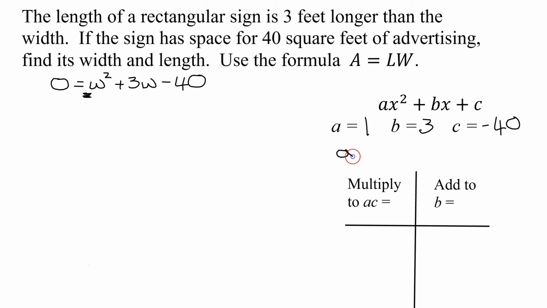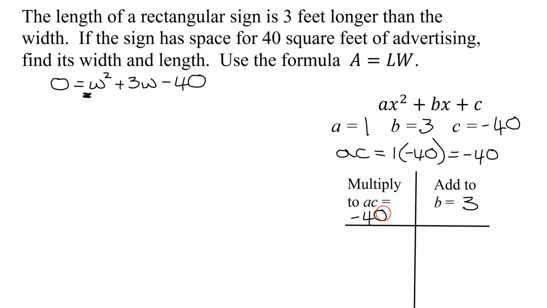So we multiply a times c. So a is 1, c is negative 40. So a times c is 1 times negative 40 is negative 40. So I need 2 numbers that multiply to AC, which is negative 40, and add to B, which is 3.